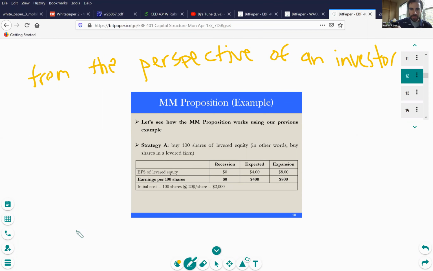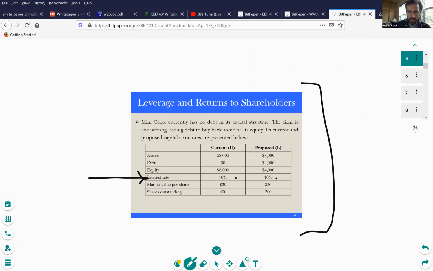Let's think about two different strategies. The first strategy, we'll call this strategy A. You can take this firm, which has equity. In this case, the levered firm had 200 outstanding shares of equity.